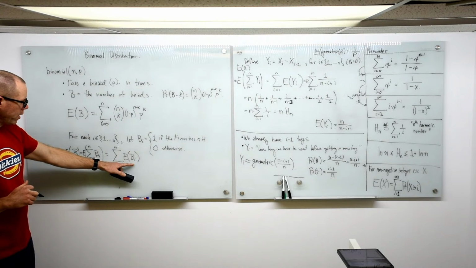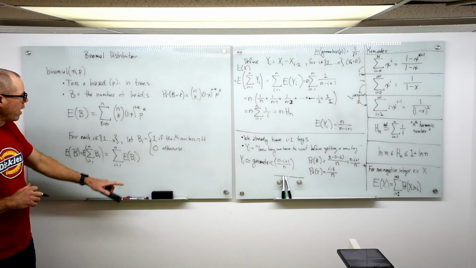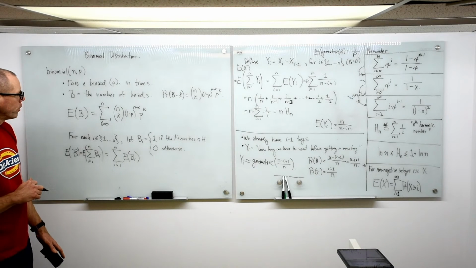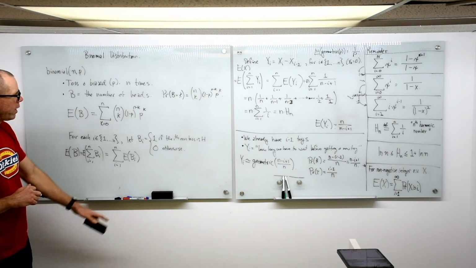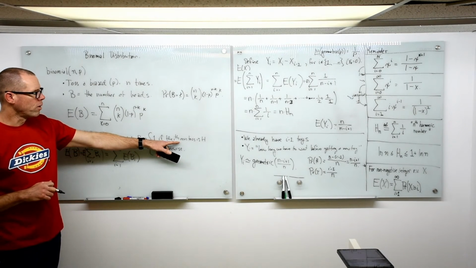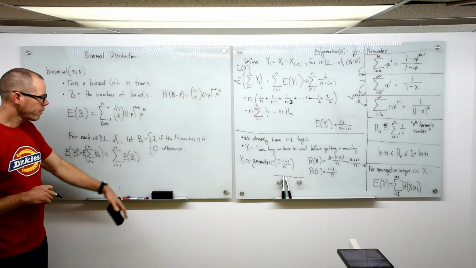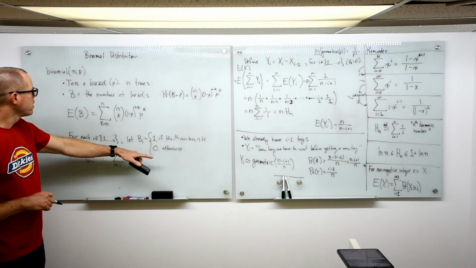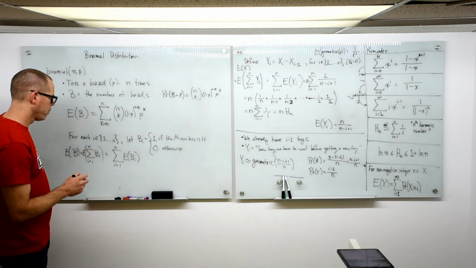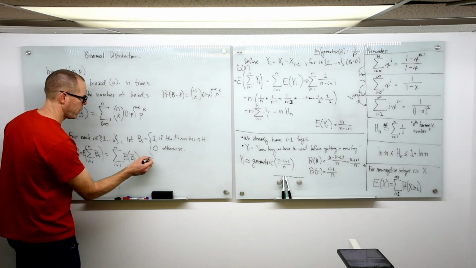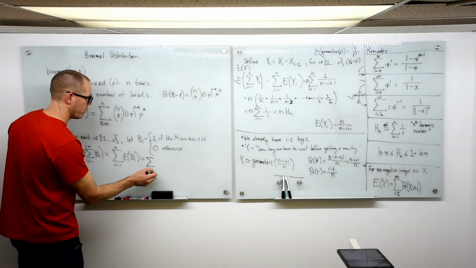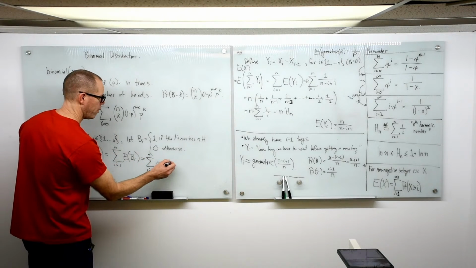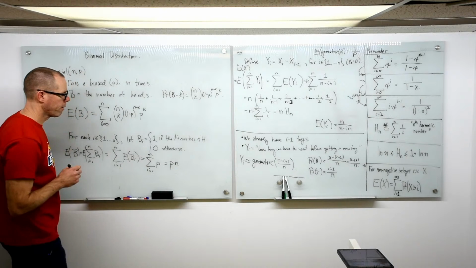And we've seen the expected value of such a random variable is just the probability that it's equal to 1. And the probability that it's equal to 1 is the probability that the coin came up heads for that particular coin toss, and that's just p. So this just becomes the sum i equals 1 to n of p, which is p times n.